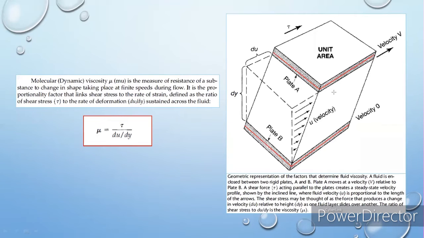A shear stress, which is tau, acting parallel to the plate, creates a steady state velocity profile, which is shown by the inclined lines, where fluid velocity u is proportional to the length of the arrows.